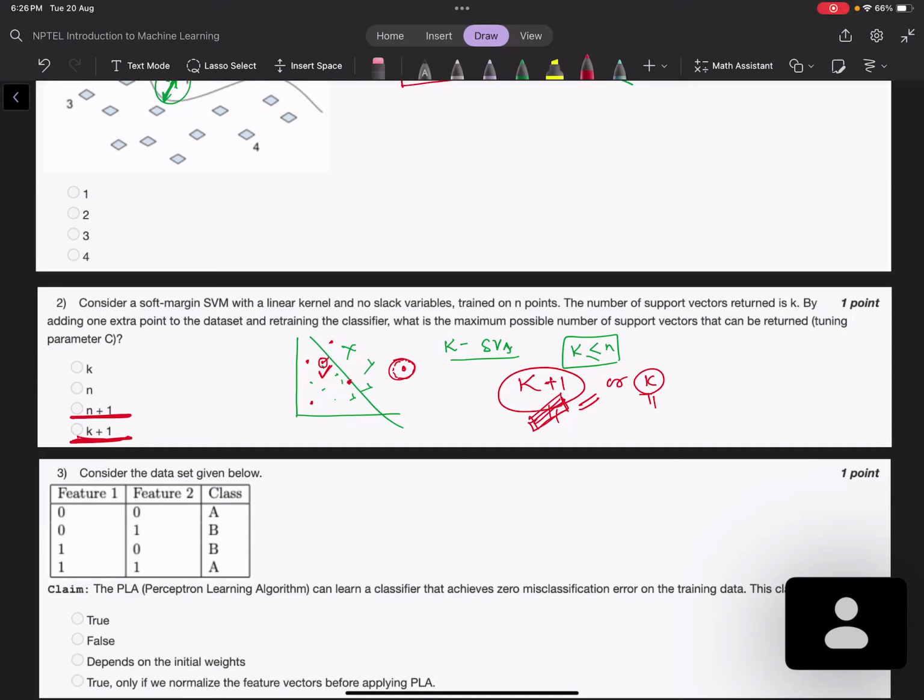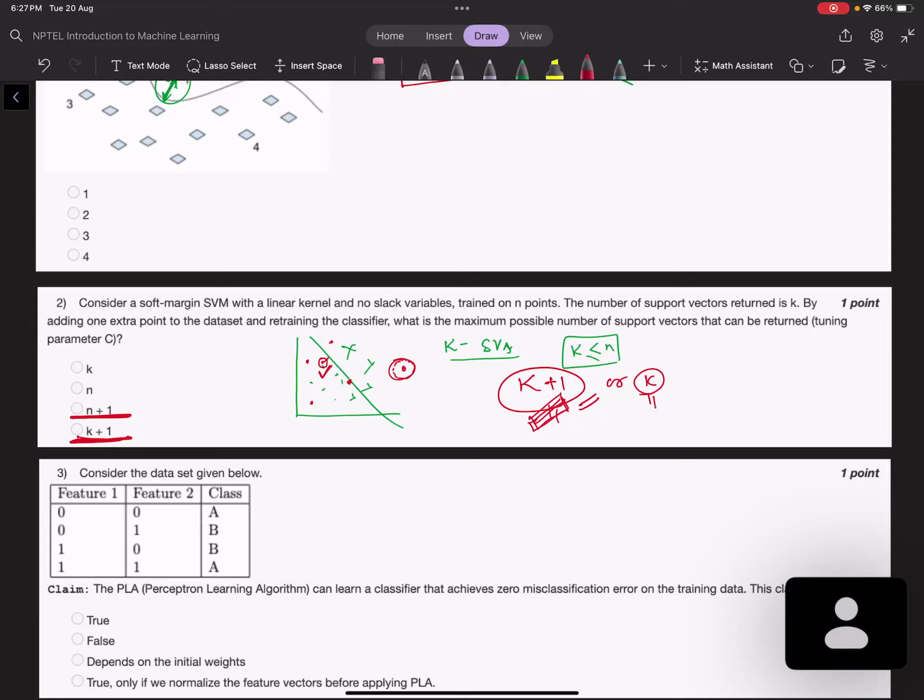If you lower the value of C, SVM will prioritize maximizing the margin, potentially resulting in fewer support vectors. So the lower C will lead to a lower number of support vectors. So we can also change C, right?